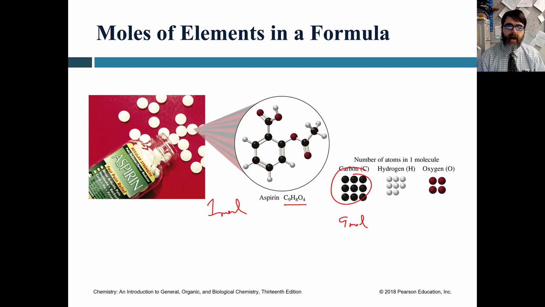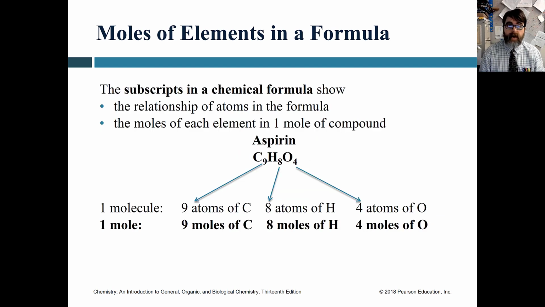And it means that we have 8 moles of hydrogen and 4 moles of oxygen, which is what this slide explains. It says that when you have these subscripts in your formula, 1 molecule has that many pieces of each element. And if we have 1 mole of that molecule, then we have that many moles of that element.